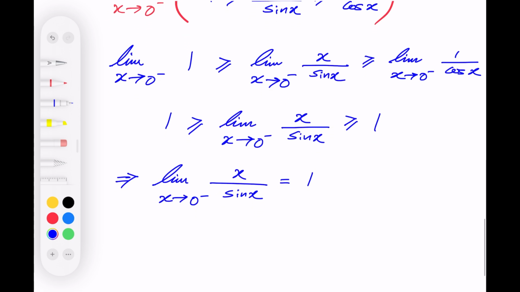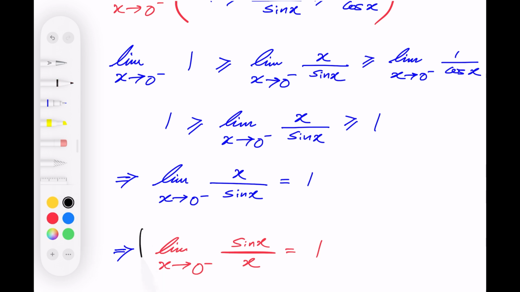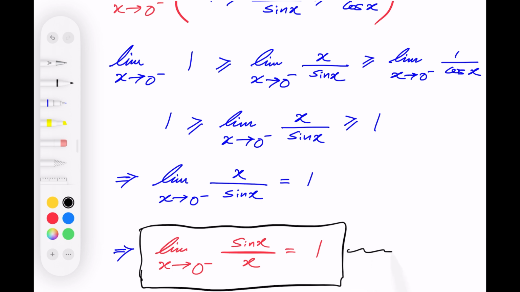Now, just like earlier, I can flip that and write down that limit x approaches to 0 from the left hand side sine x over x being equal to 1. I need to flip these two inequalities. Let me box that relationship as well and label it as equation number 2.